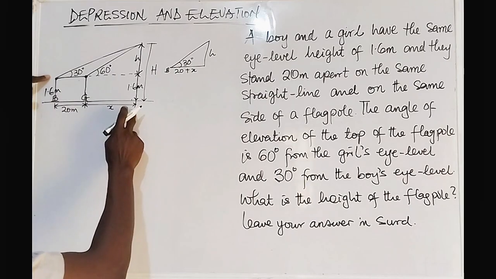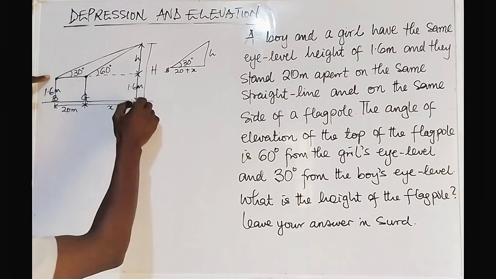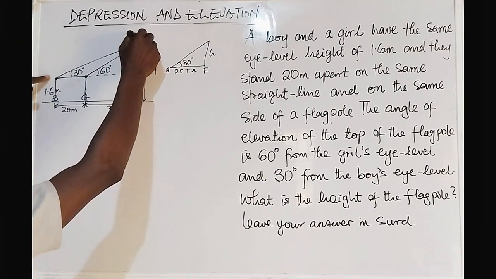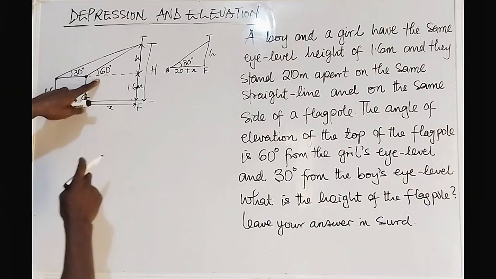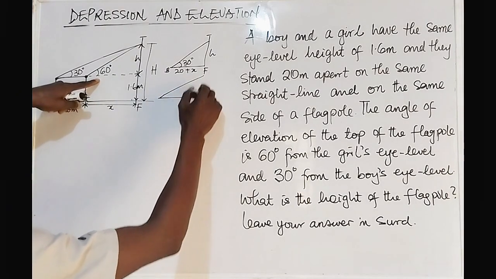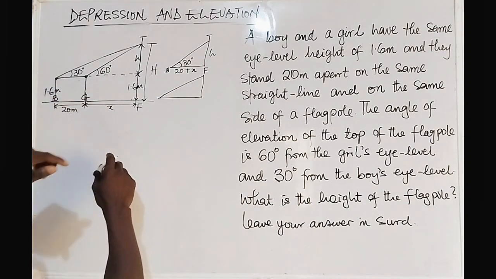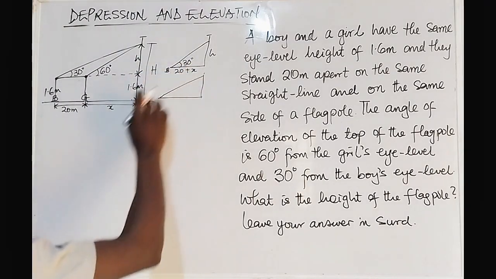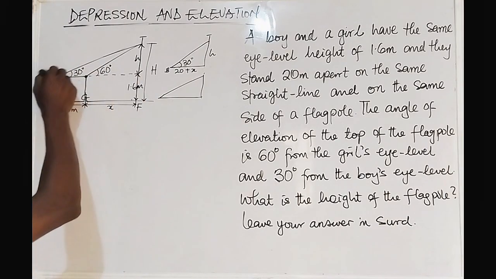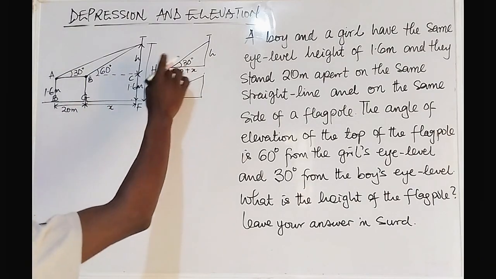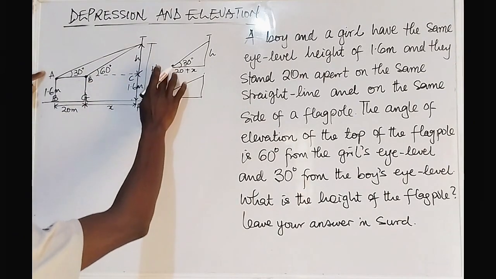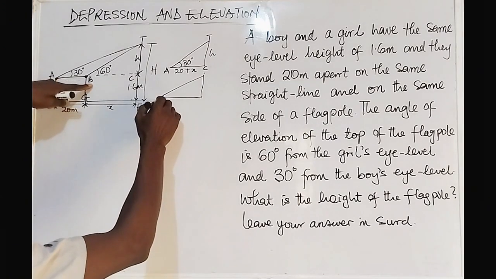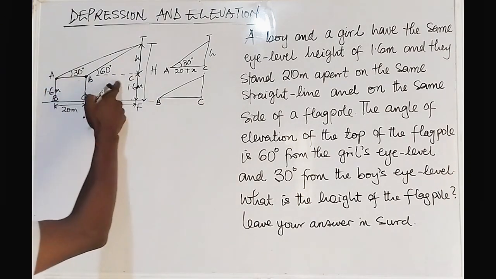This is B. Let us say this is the flagpole F, and the top, T. Let us just make this one A, B, and C. So let us make this one A and C. Then here we have B and C, and B to C here is unknown, x.